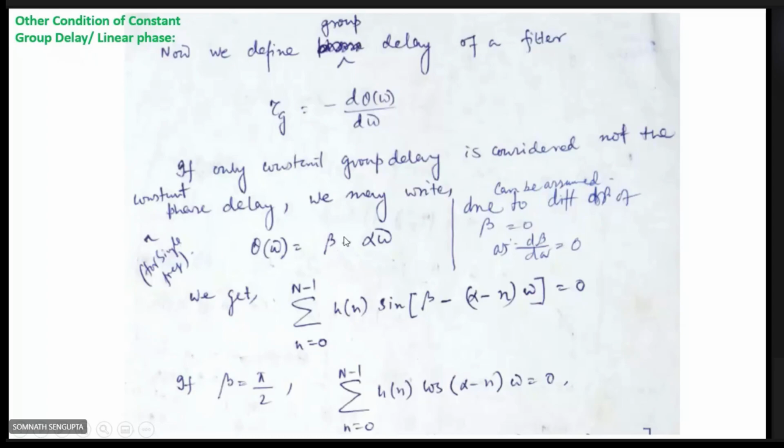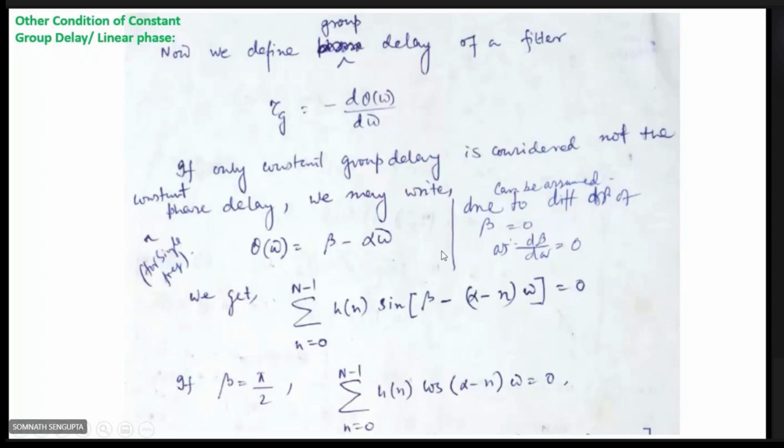In the other case, if beta is added along with this linear phase factor alpha omega, then if beta is constant and alpha omega is linearly changing, in that case it will also have the linear phase characteristics.